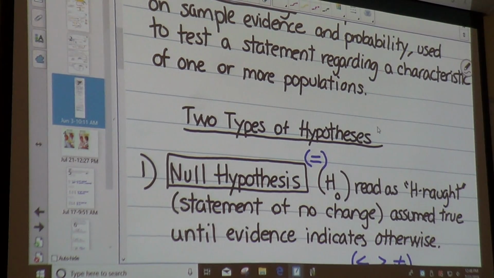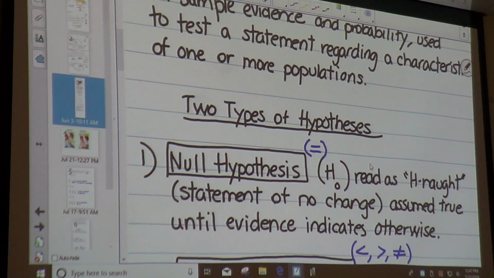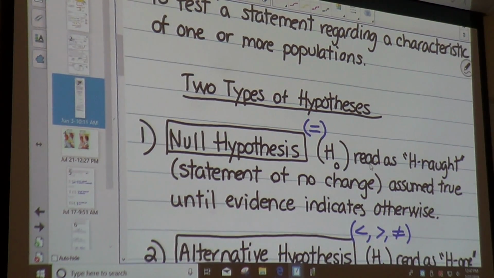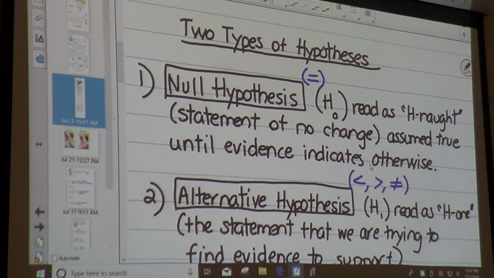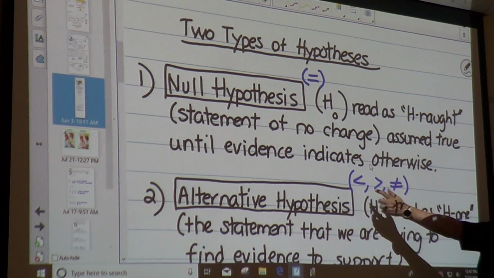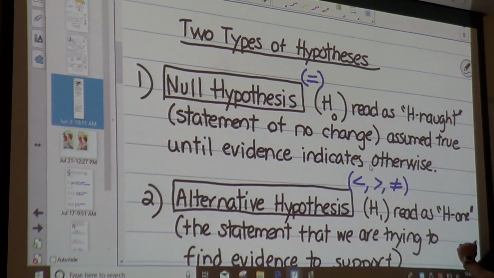It is assumed true until evidence indicates otherwise. You are assumed innocent until proven otherwise. That's your null hypothesis, H naught. That's your first type of hypothesis. Your second type is the alternative hypothesis. That one can be a less than, a greater than, or a not equal to.